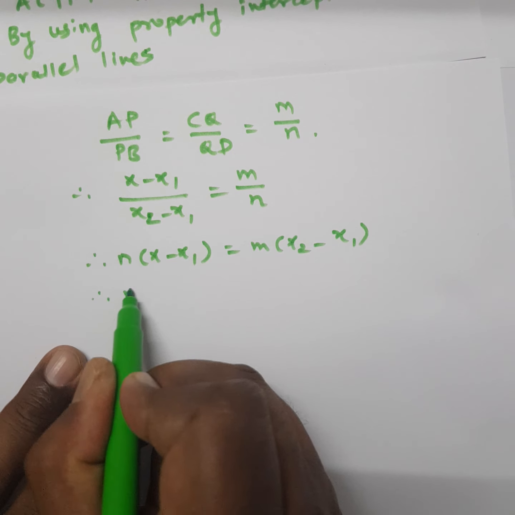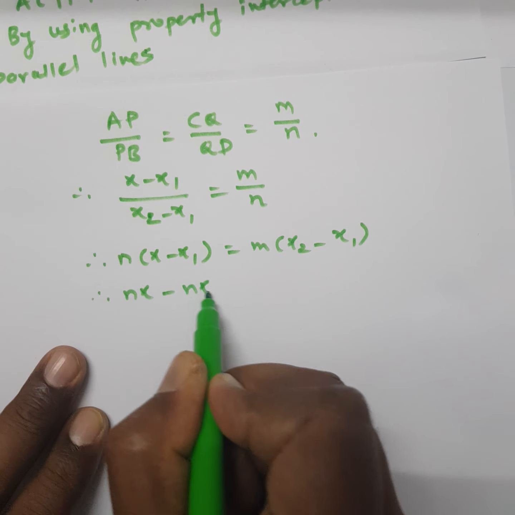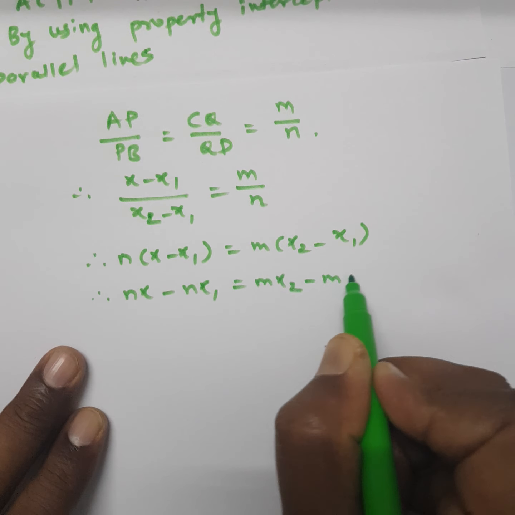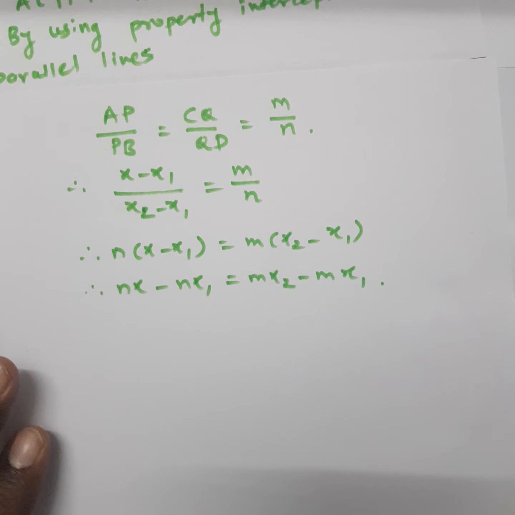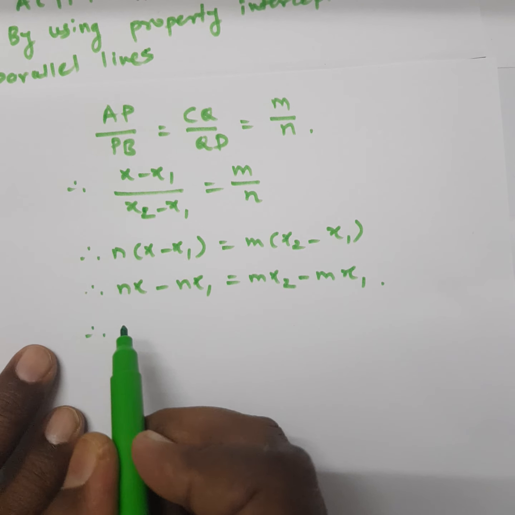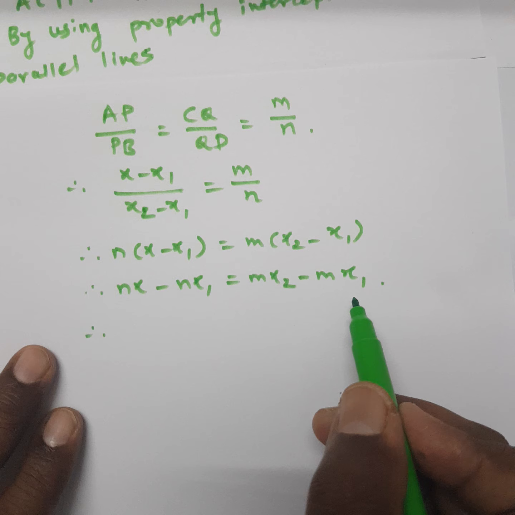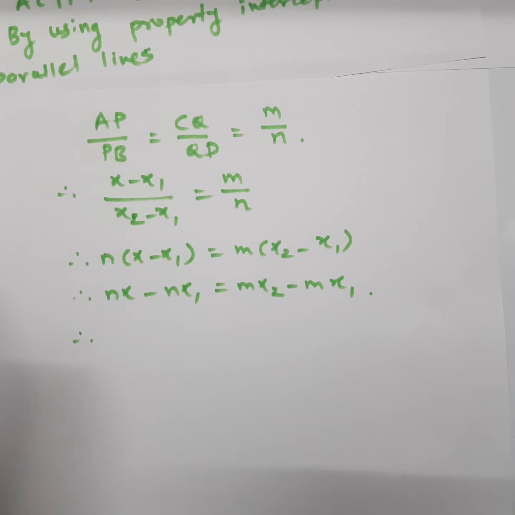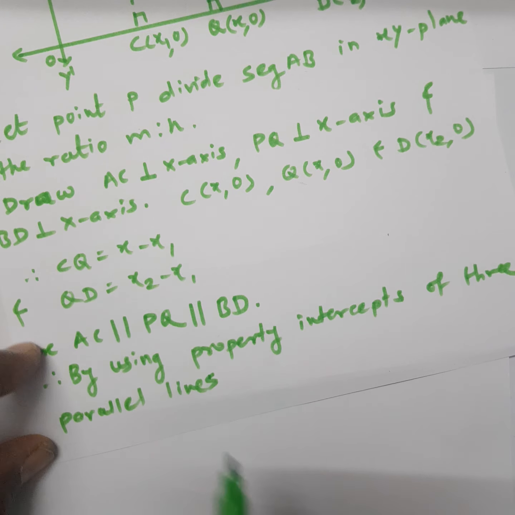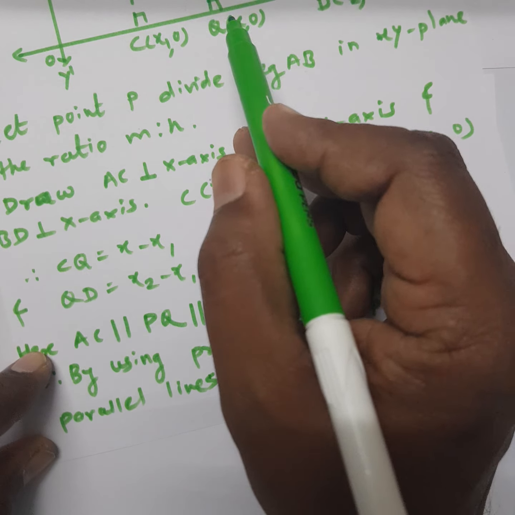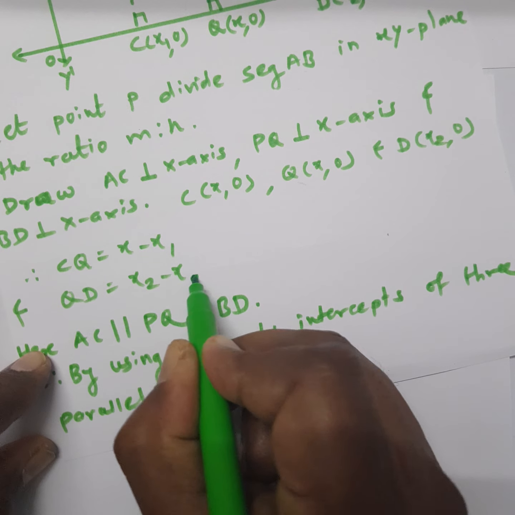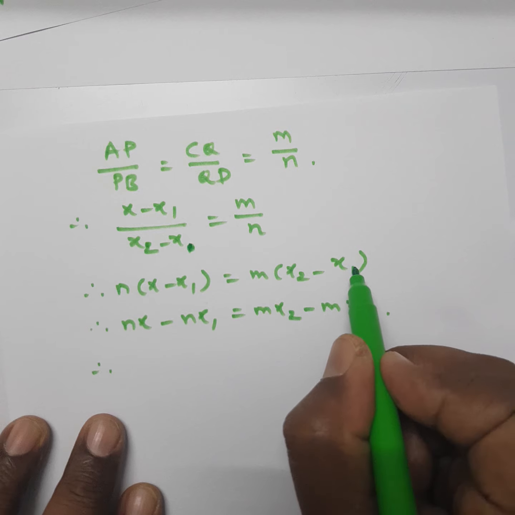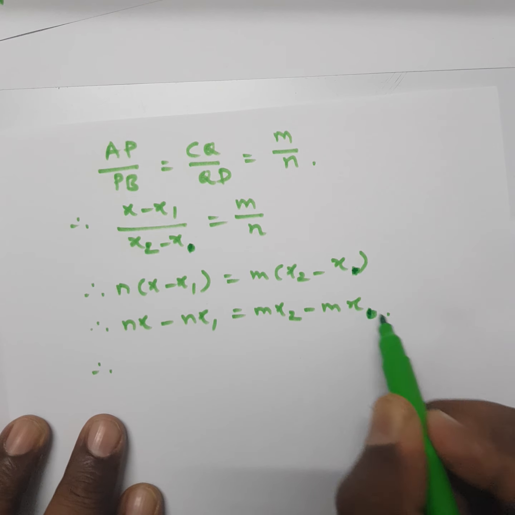Therefore, nx minus nx1 is equal to mx2 minus mx. Here, see, the distance QD will be x2 minus x, not x1.